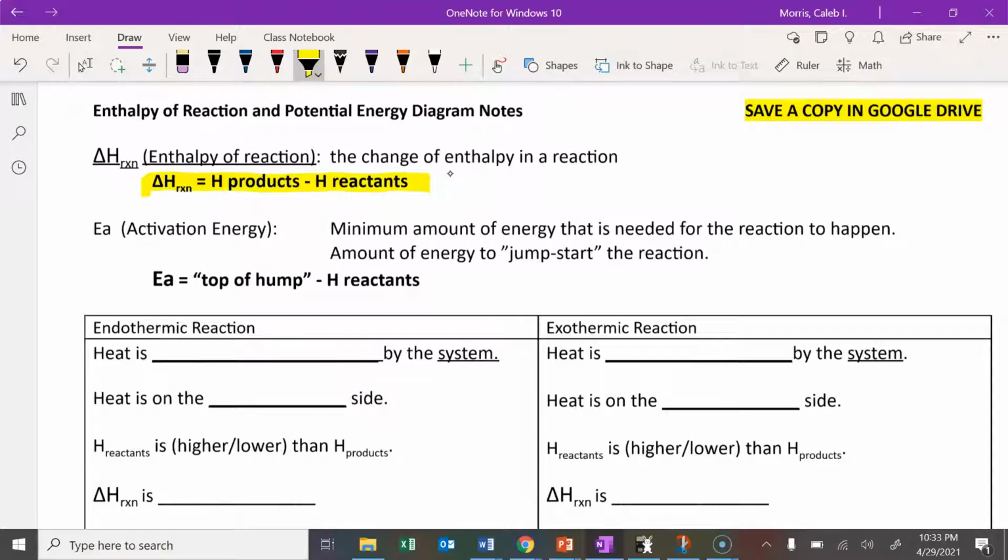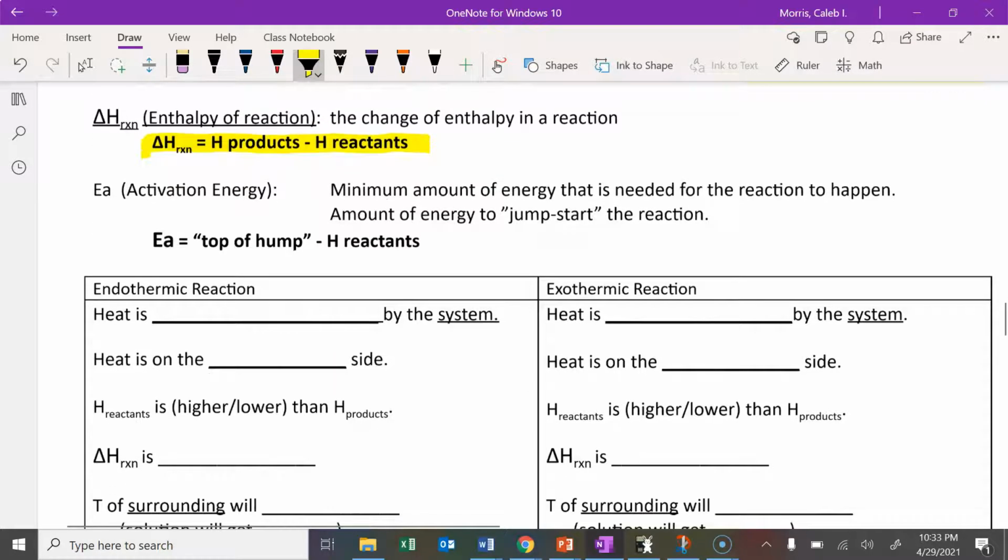enthalpy of the reactants. Okay, now the activation energy is the minimum amount of energy that's needed for the reaction to happen. That's a new vocab term. Activation energy is the minimum amount of energy that's needed for the reaction to happen. We talked about this for just a little bit when we talked about rates of reaction and what makes reactions happen faster, and we mentioned a catalyst.